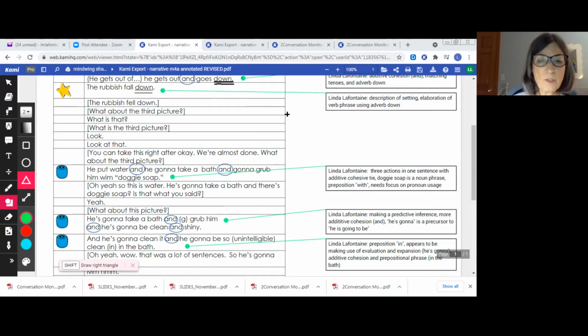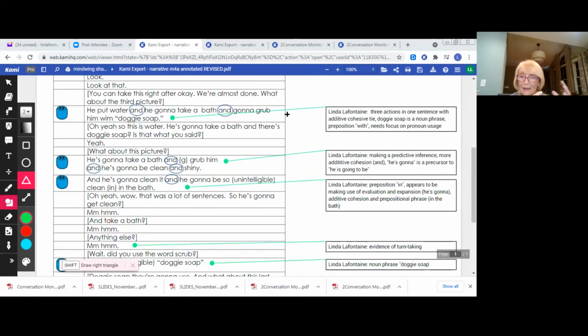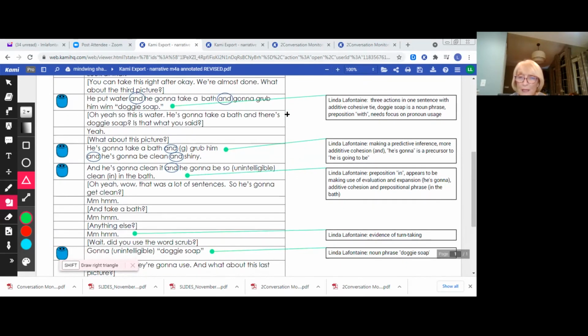So these things were just super. Yes, and that modal, it's called a modal, gonna. And when you think of it, you think they're expressing the present progressive, which would be is going, and then an infinitive. That's what it's going to lead to. So those are good predictors.